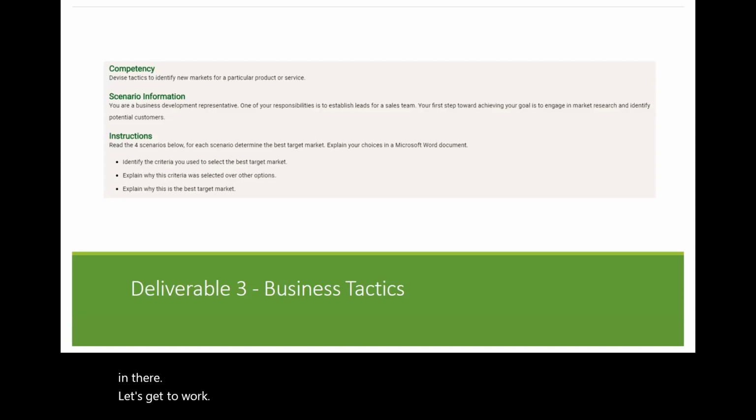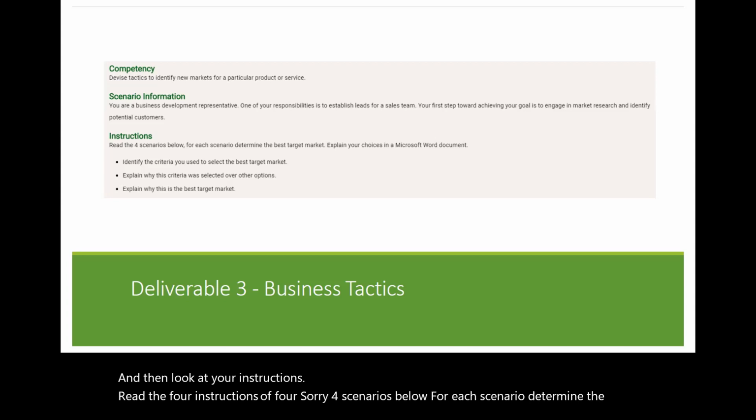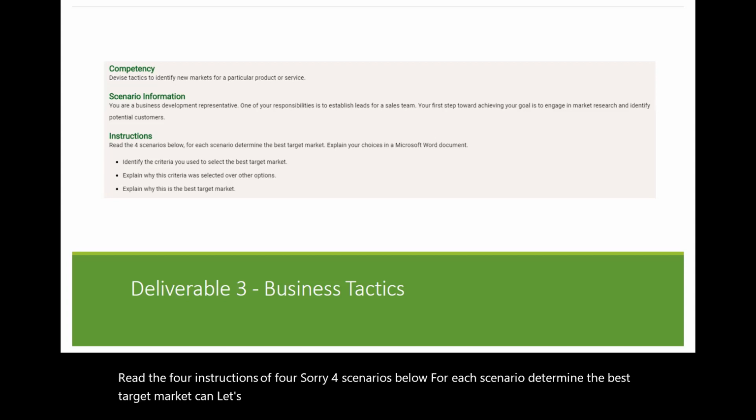Deliverable 3. Please read the competency, the scenario information, and then look at your instructions. Read the 4 scenarios below. For each scenario, determine the best target market. Okay, now let's stop there for a second. We're identifying a best target market for each of the four scenarios.